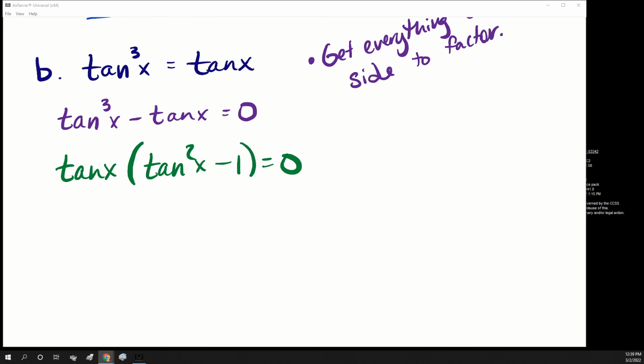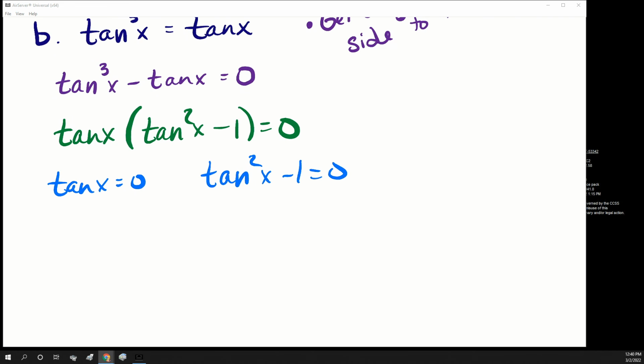After you factor, what would we do now? Set each equal to 0. If these multiply and give you 0, it means one of them has to be 0. That's the only way you can multiply and get 0, is to multiply by 0. Right? Then you have 2 more equations to solve.